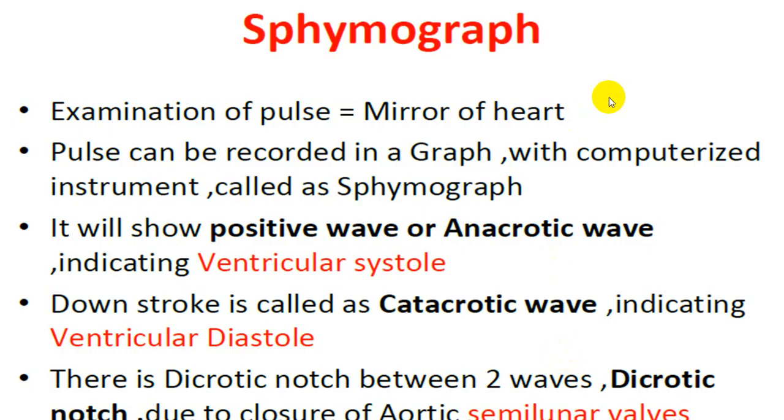This particular recording is called a sphygmogram. It is a mirror image of the heart, that is, indirectly it gives you the different phases of the cardiac cycle, and that can be recorded. There will be a positive wave, which we call the anacrotic wave.